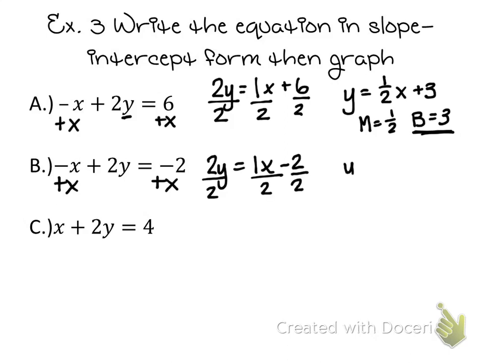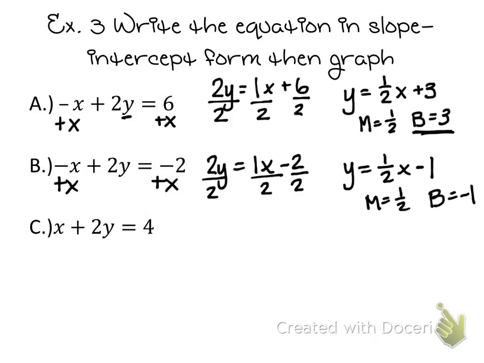And I get y is equal to 1/2 x minus 1. All right, let's write our m and b. m is 1/2, b is -1. What would I graph first? The b, the y-intercept.